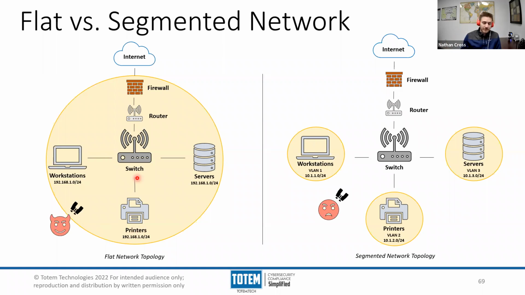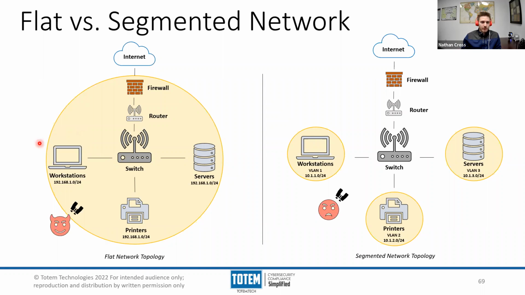In that same vein, if an adversary were to compromise a printer, they would easily be able to reach out to our servers and begin to wreak havoc. This is something where an attack like ransomware, we see the worst of it on flat networks.